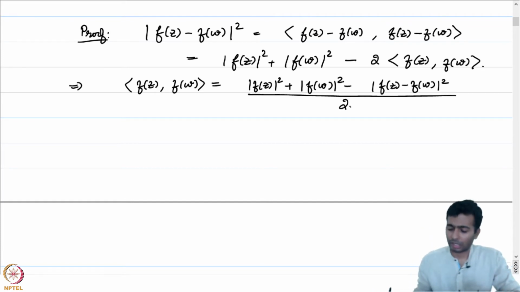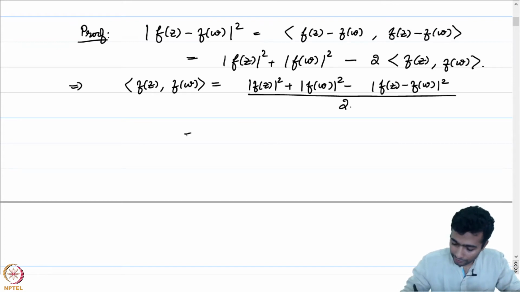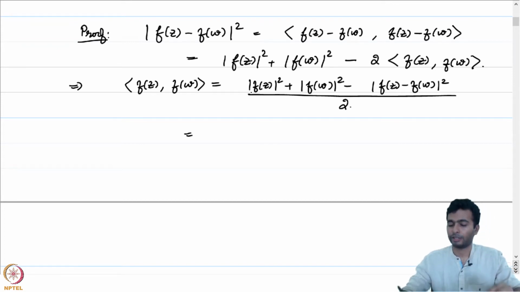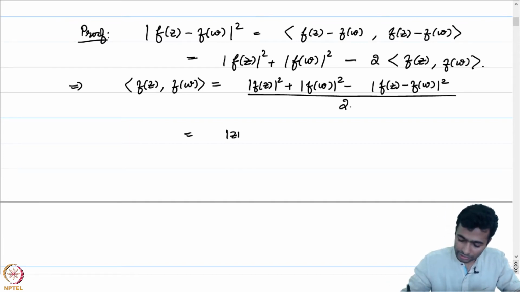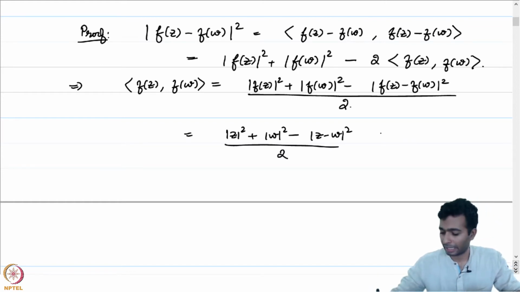But till now we have not used the fact that f is an isometry, and we are now going to use the fact that it is indeed an isometry and that it fixes the origin. The fact that it fixes the origin tells us that the absolute value of f of z minus f of 0, which is 0, is the same as the absolute value of z minus 0. So this is the absolute value of z square plus the absolute value of w square minus the absolute value of z minus w the whole square, divided by 2. And by using a similar identity, this is just going to be the inner product of z and w.